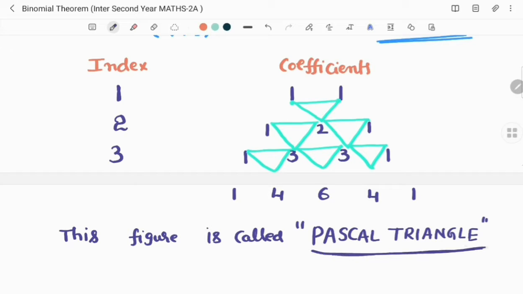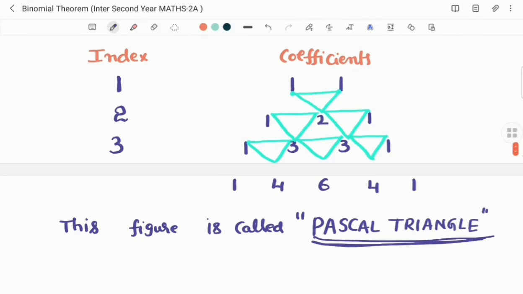We have to know about this information. That is the reason I am giving, dear students. Don't feel it is boring. I want to share this information with you. By observing each and every row, it is looking like rows, no? In the first row, 2 terms are there, 1 and 1. In the second row, 1, 2, 1, so 3 terms are there. In the third row, total 4 terms are there.